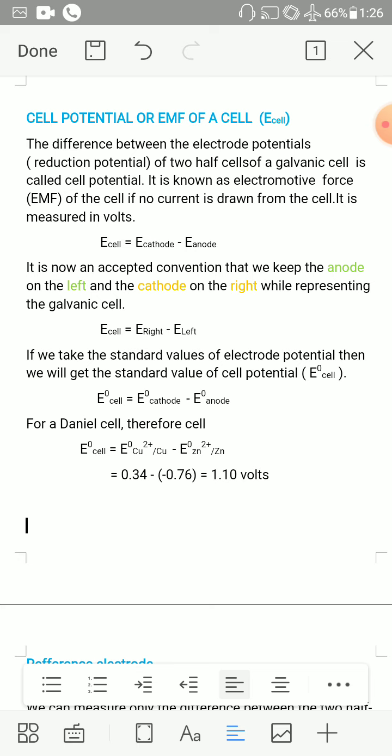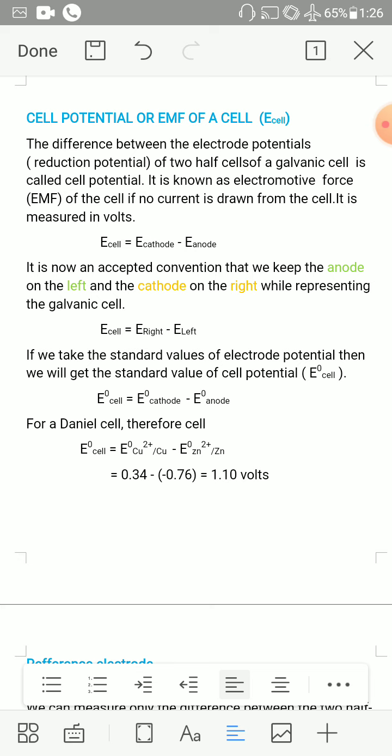Okay, so it is convention you have to always place anode at the left and cathode at the right. So the formula for calculation of EMF of the cell becomes E cell is equal to E right minus E left.